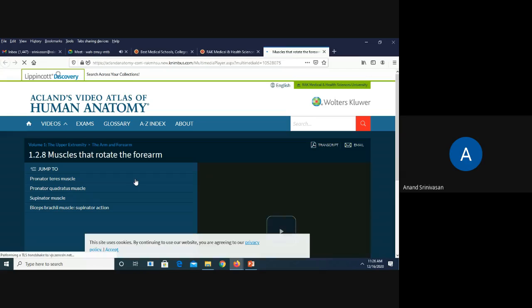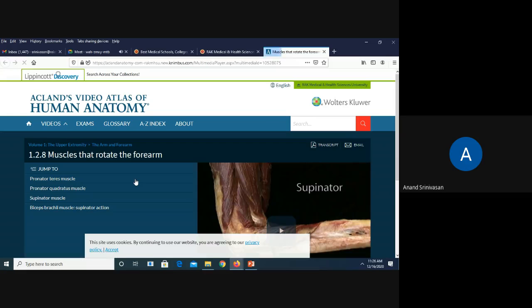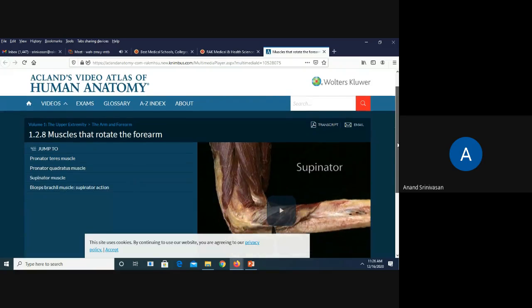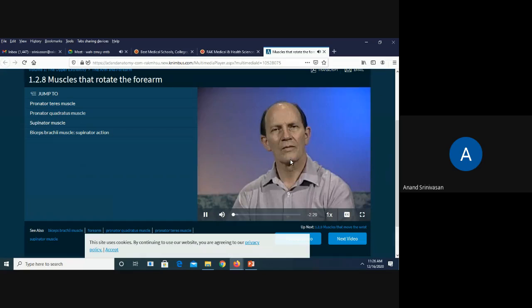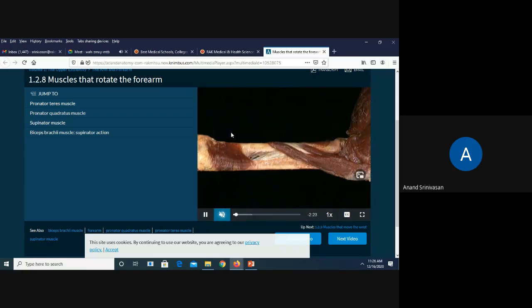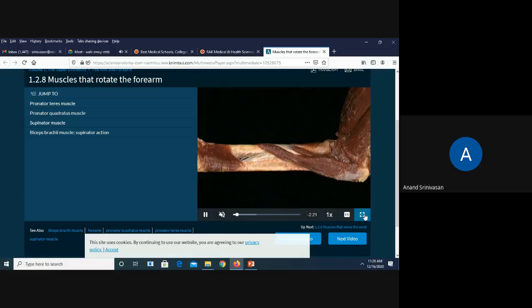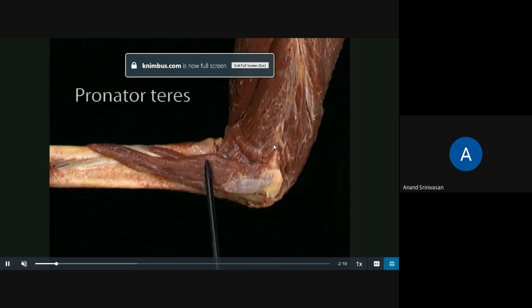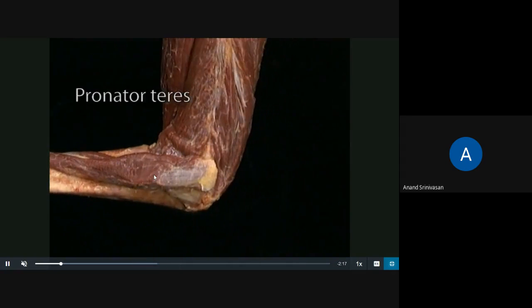Each video is not more than 5 minutes, just less than 5 minutes, and you can see a person describing these muscles. I suggest you can even download this on your mobile also.